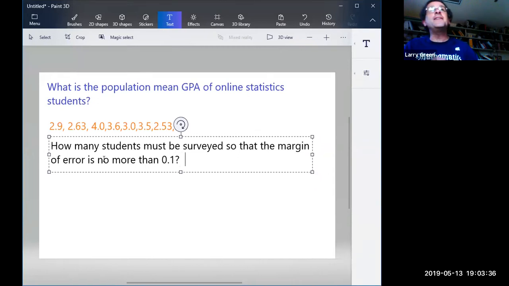And just for fun, we'll look at this in a bit, we're going to use 95% confidence.